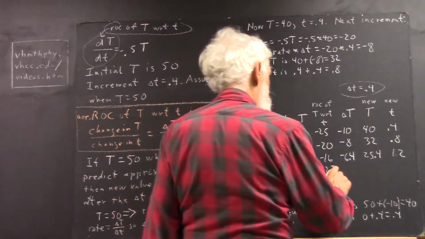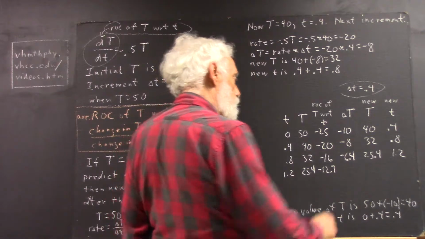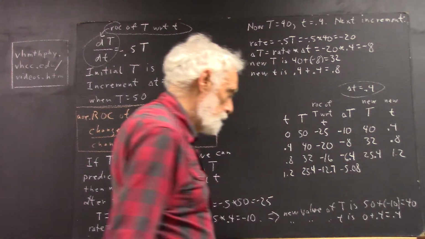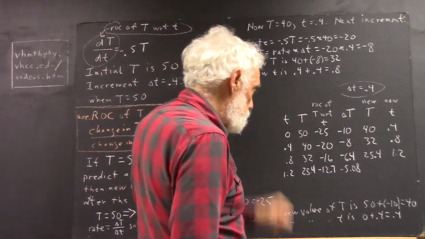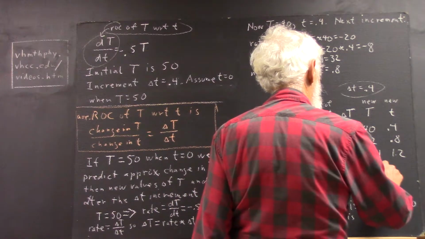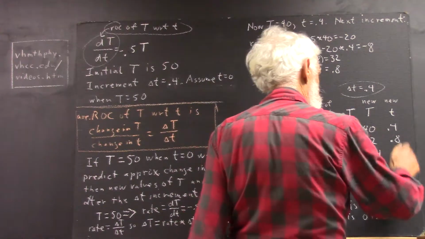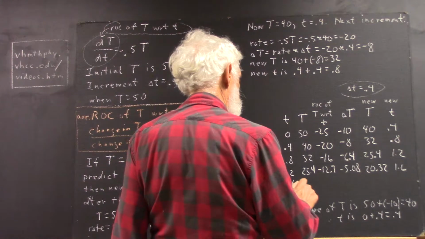We multiply that by our 0.4, and we get negative 5.08, if my quick mental calculation is correct, check me on that. We add this to this, and we get 20.32, and we add our delta little t to our t, and we get 1.6. So now the time is 1.6.